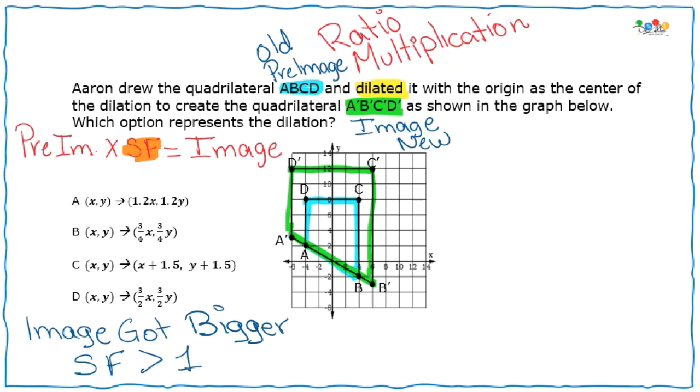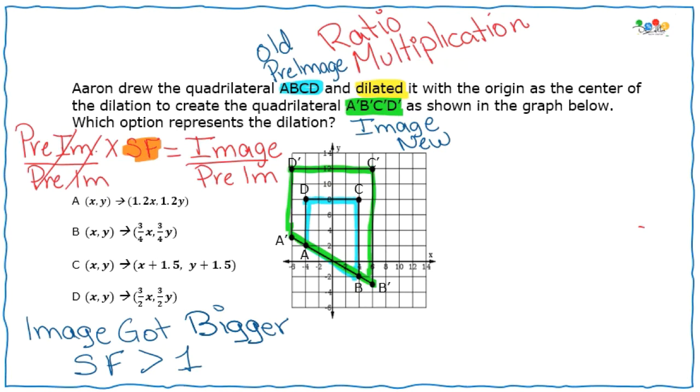Is that right? I will need to divide by the pre-image. And guess what? This will cancel. And that's how I will find the scale factor. So in the scale factor, I will find it by dividing the image over the pre-image.